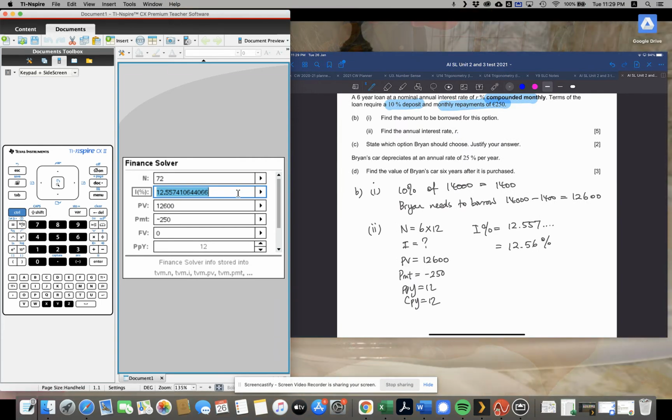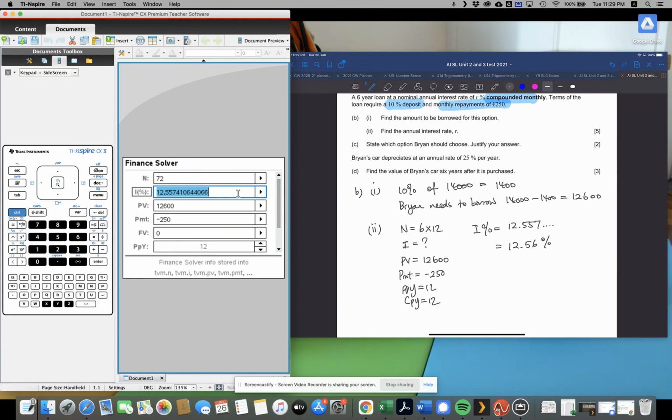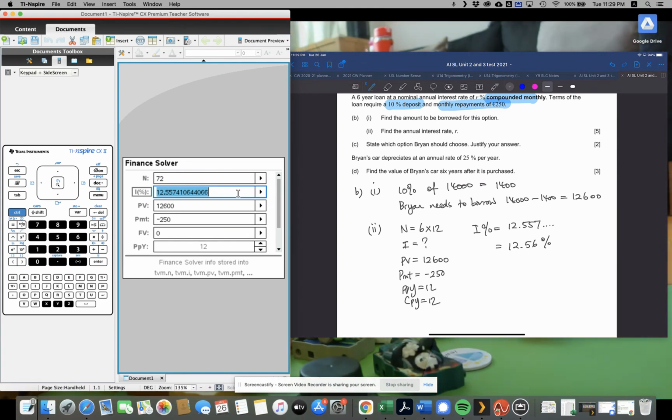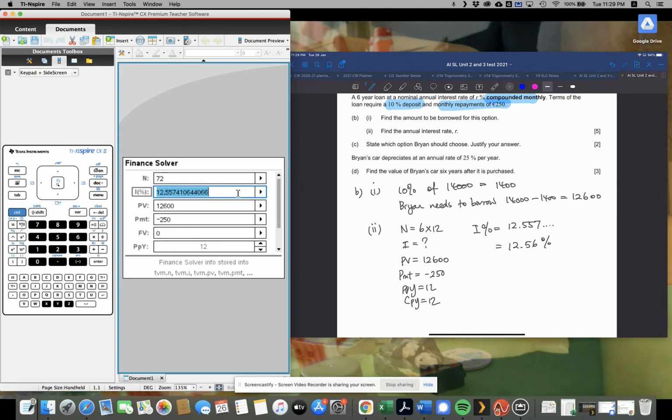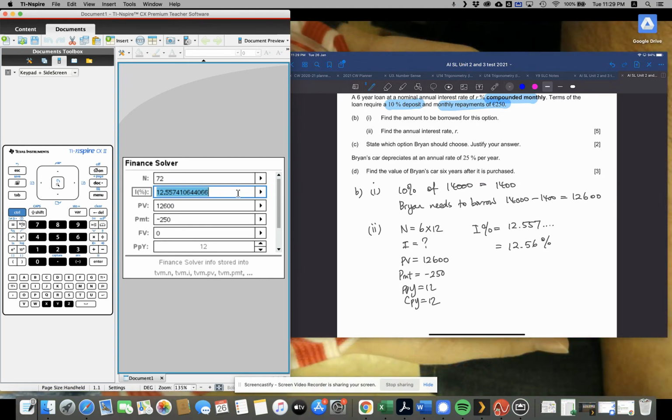So here you can have 2 ideas. The first one, you can say he should opt for option A because he doesn't need to pay a deposit. Now, this is good for people who didn't have any savings and just really need to buy a car.